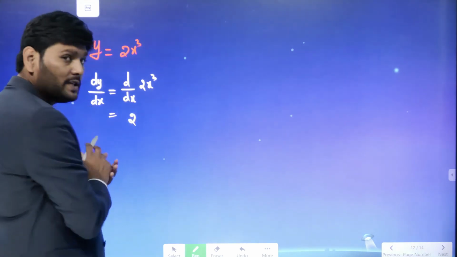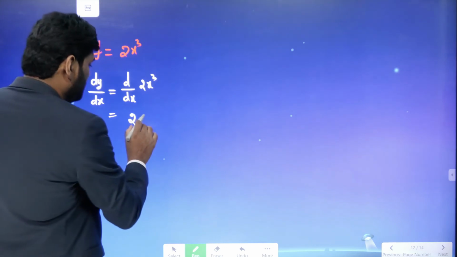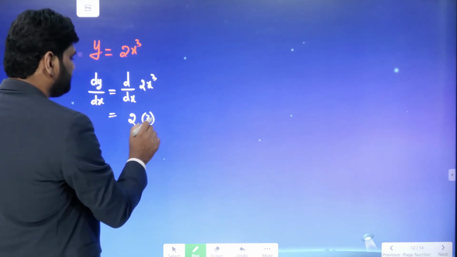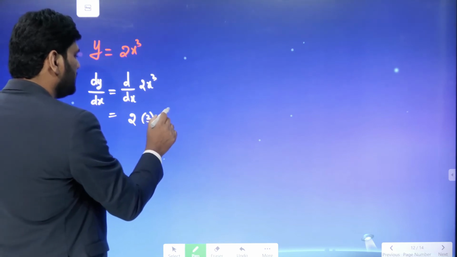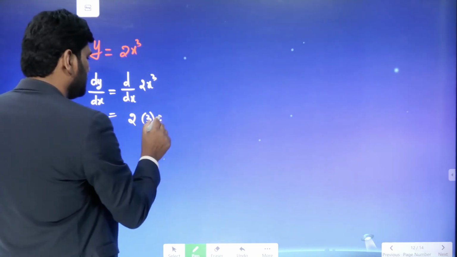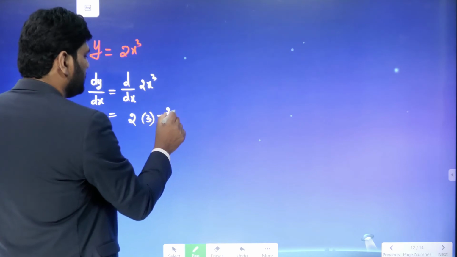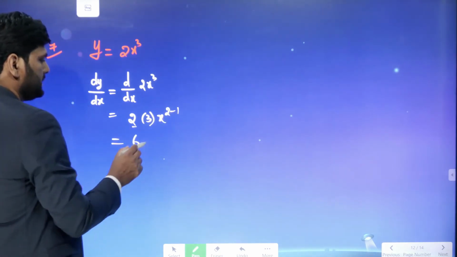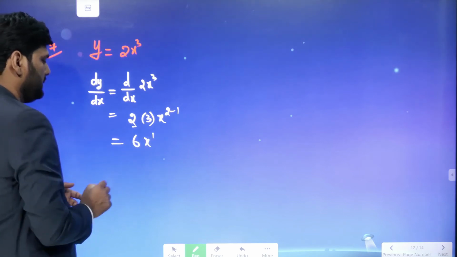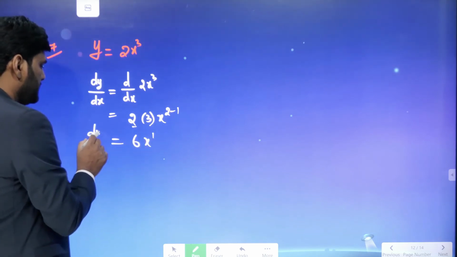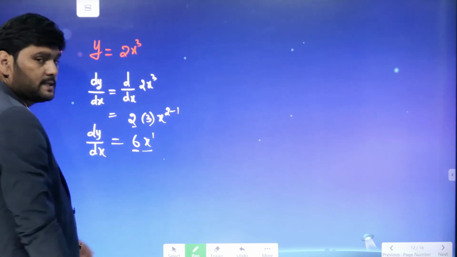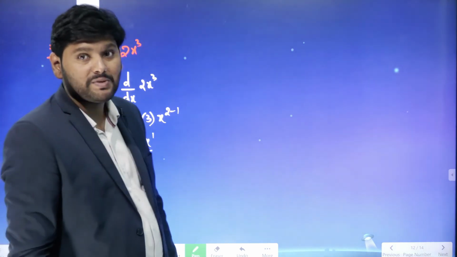Now differentiate x cube: 2 into 3 into x power 2, that is x power 3 minus 1. So finally the value is 6 x power 1. The differentiation is 6 times x. The gradient is 6 times x.